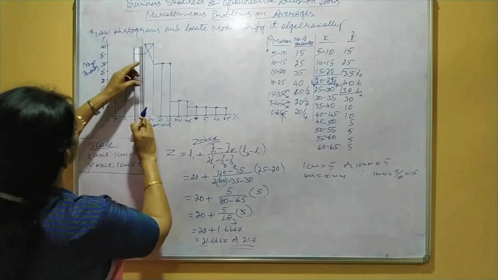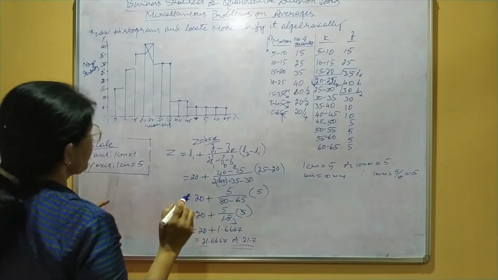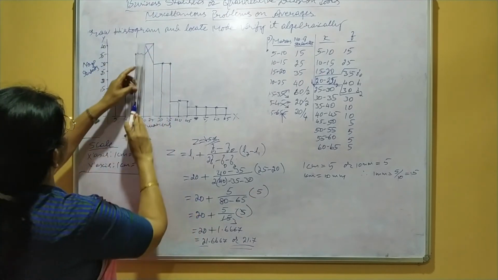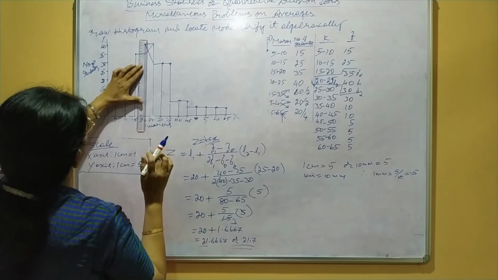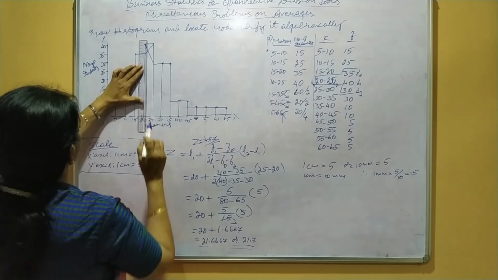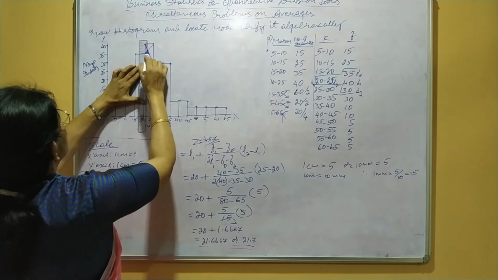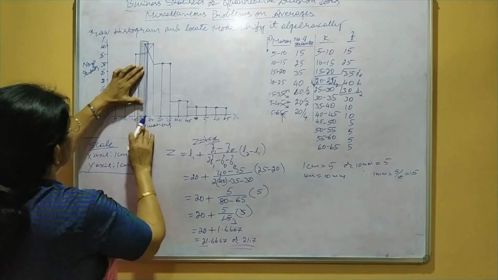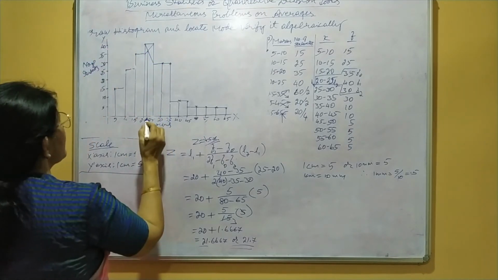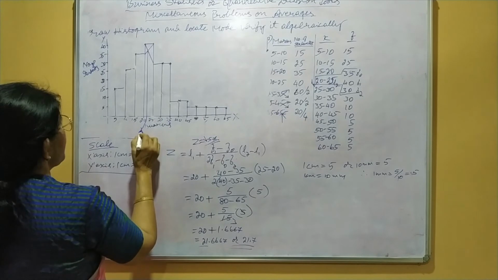Now these two intersect at a particular point. From that point, draw a straight line parallel to the x-axis. Now you have to take the reading at this point.